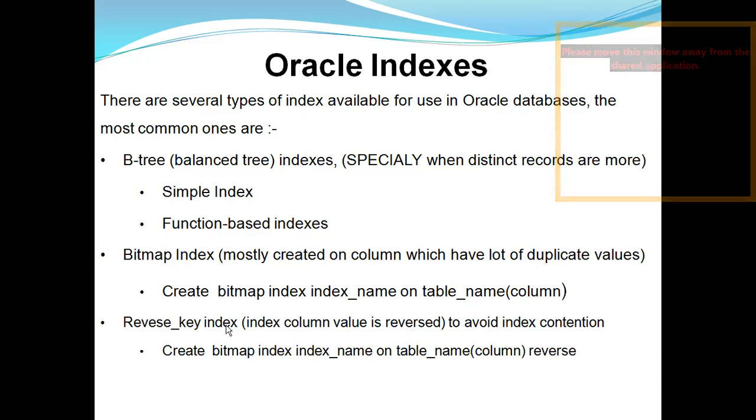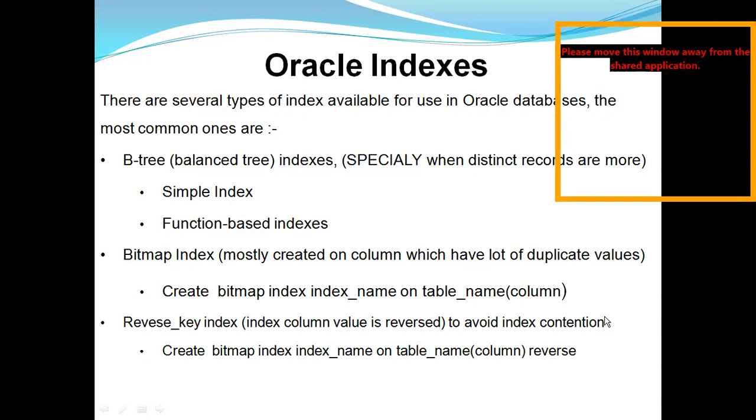next is called a reverse key index. In this case, what happens? When you are creating an index, the column value is reversed, especially to avoid index contention. What do you mean by index contention? Sometimes we have a column which does not have multiple values, only very few values.